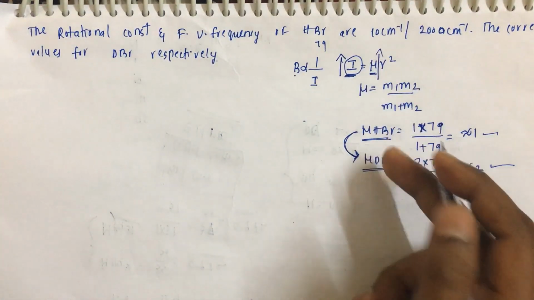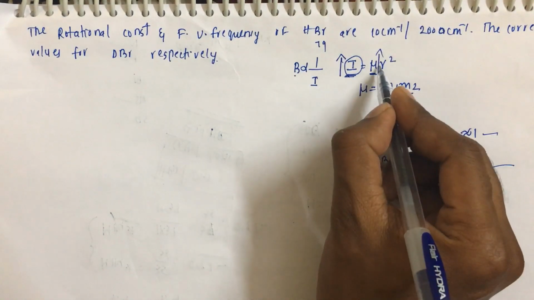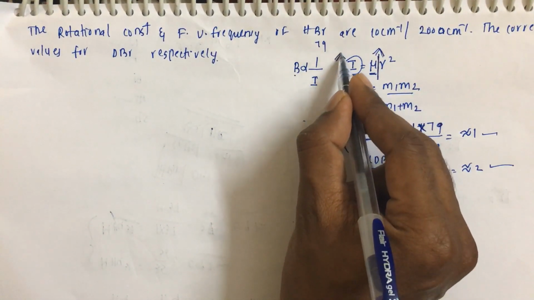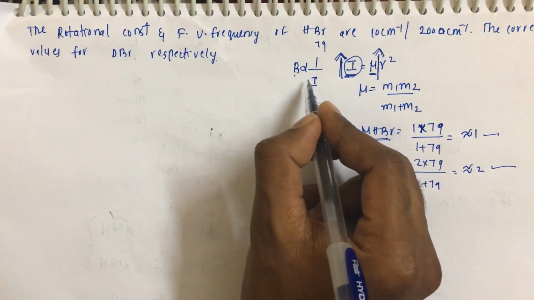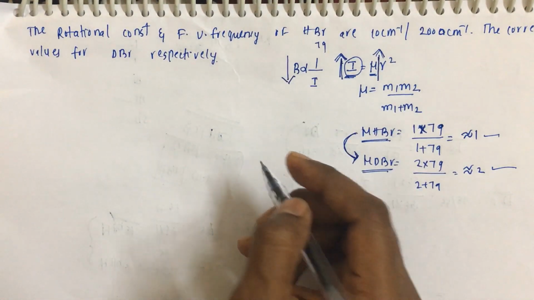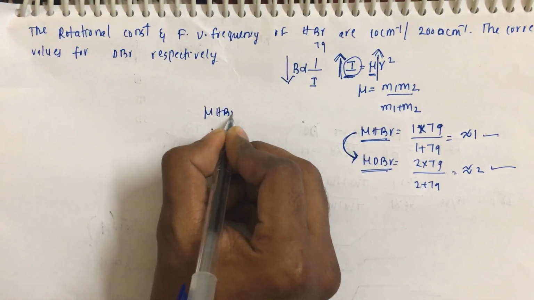I am talking about HBr to DBr. From HBr to DBr, the reduced mass is double. That means the moment of inertia is also double. And here the rotational constant is inversely proportional. That's why this has to be decreased by 2. So HBr to DBr.